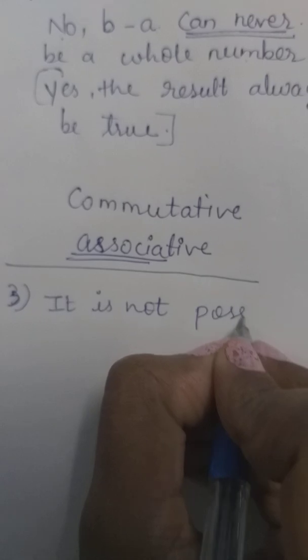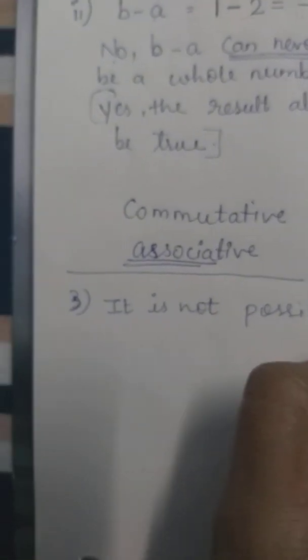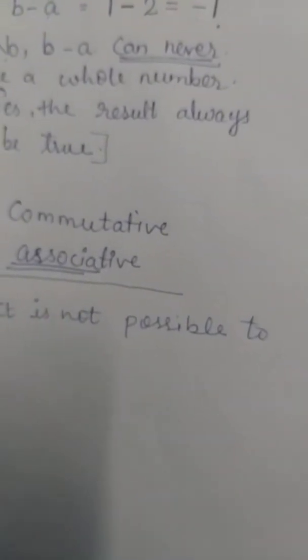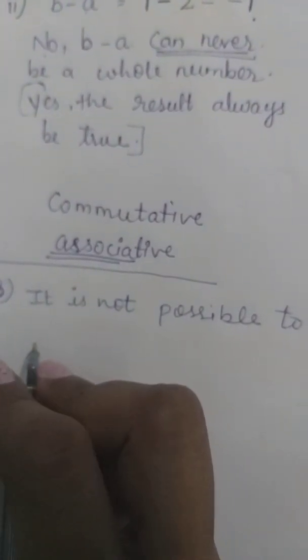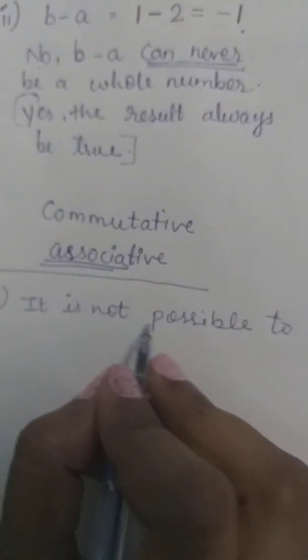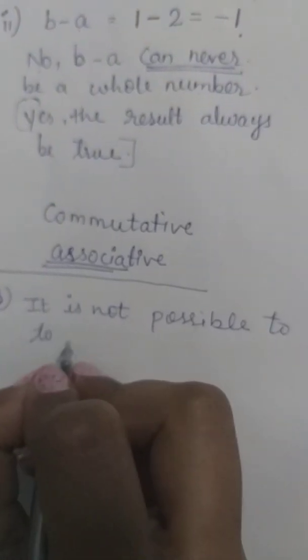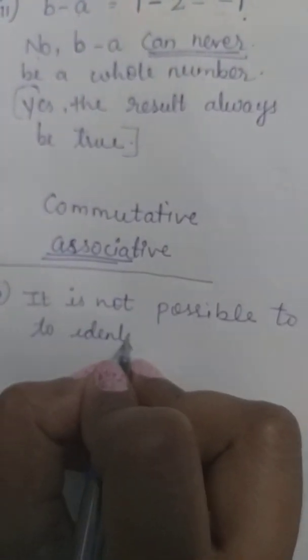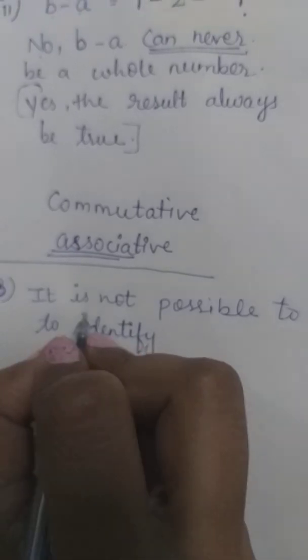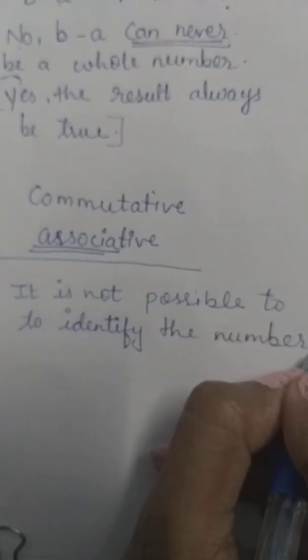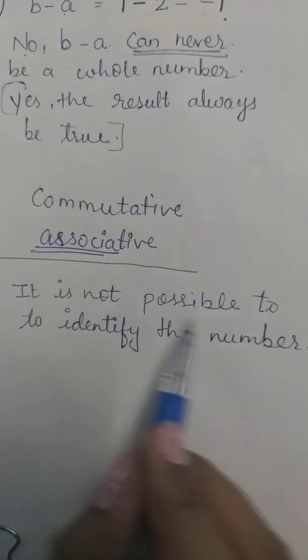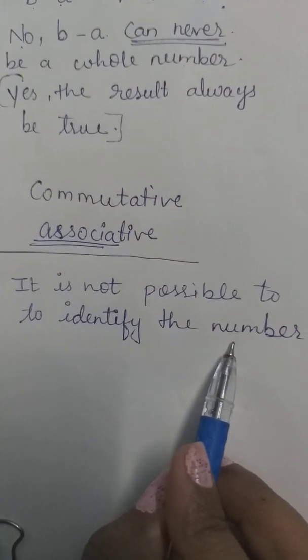Like previously I have told you about the properties of subtraction, in that, an identity number is not possible. So this is the third answer. Yes, it is completely based on the property.